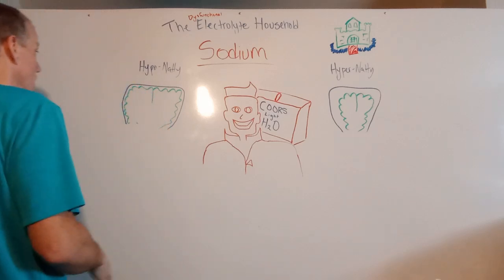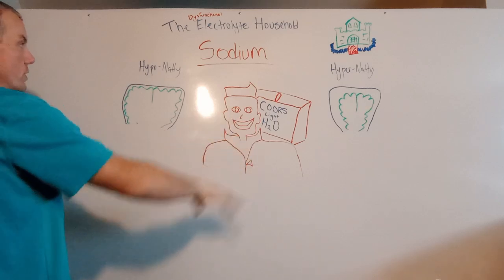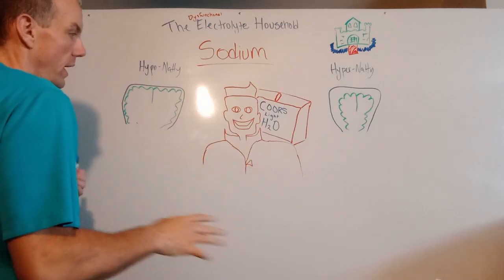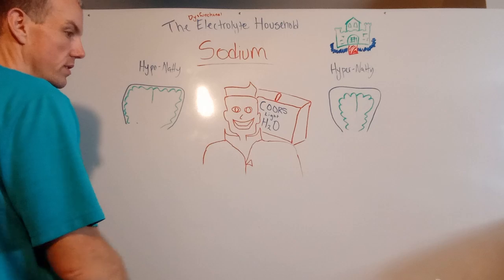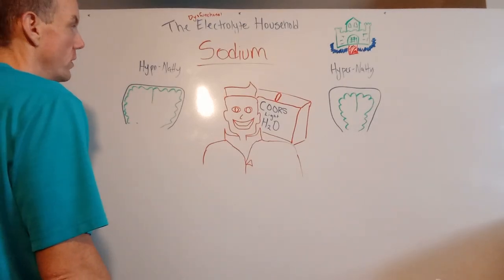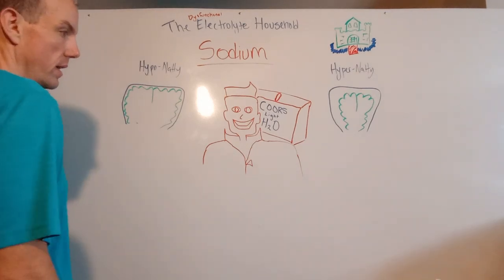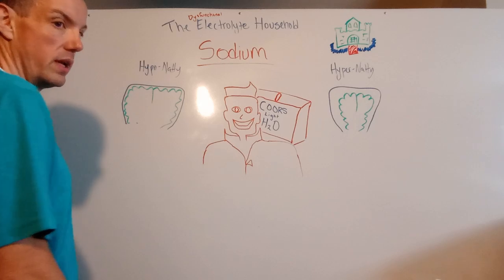So when you have hyponatremia, when you have too few sodiums around, everybody's hanging out outside the house, and there's a bunch of booze outside the house, but sodium isn't really around to be doing anything with it. So the people of the house look out there, and they're like, "Dang, there's a lot of booze out on the lawn."